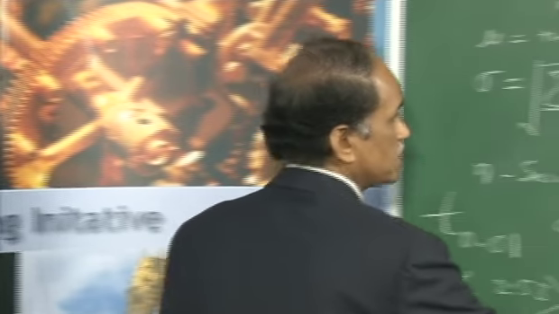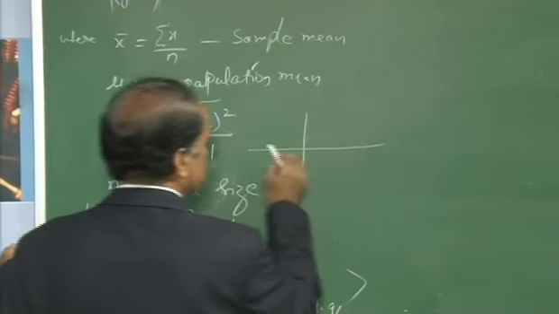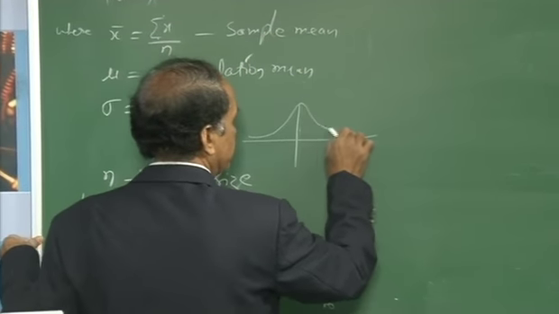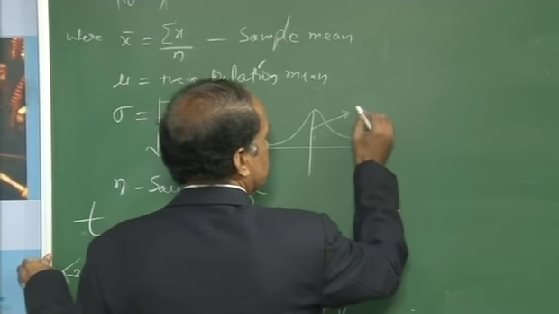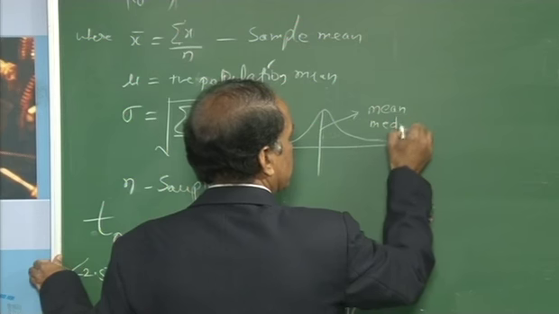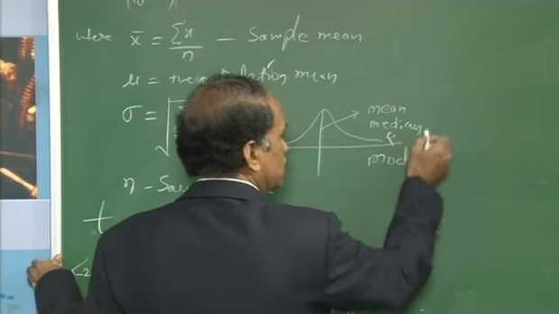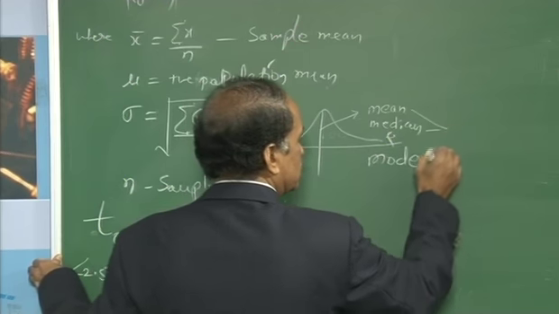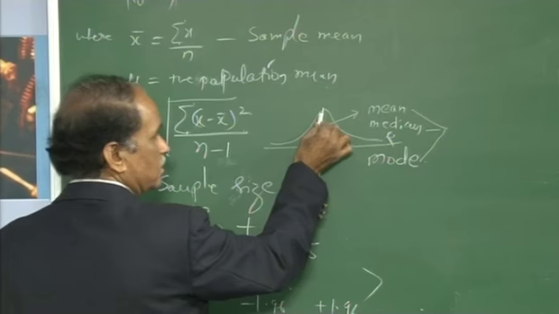Here also we compare the given data with a standard normal curve, as I told you. This is the standard normal curve. The very first property of the t distribution is that it is a bell shaped curve. I already told you that if mean, median and mode, all these three are the same, then only you get this normal distribution curve.